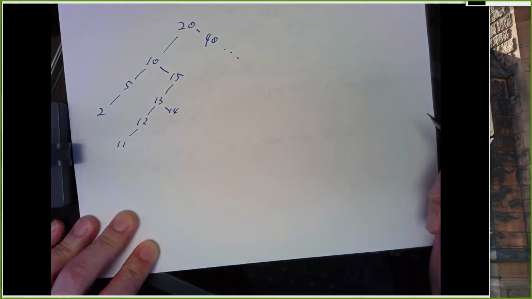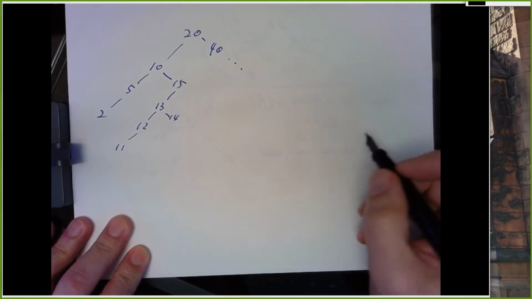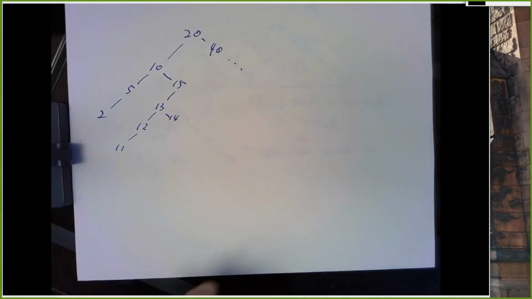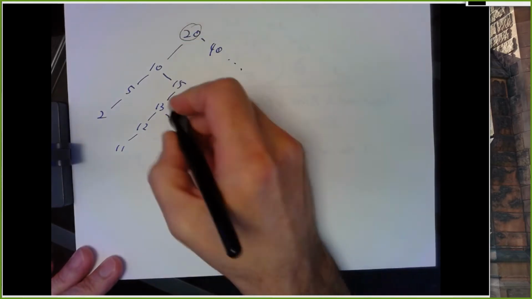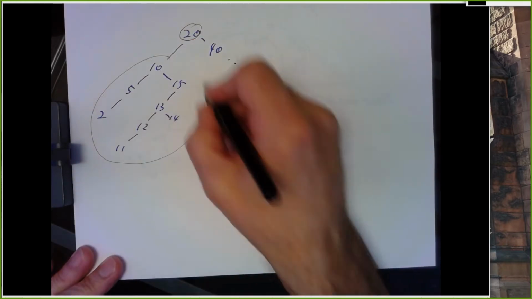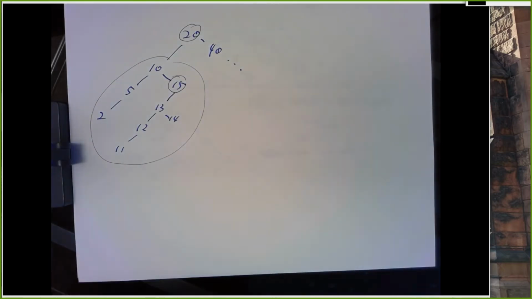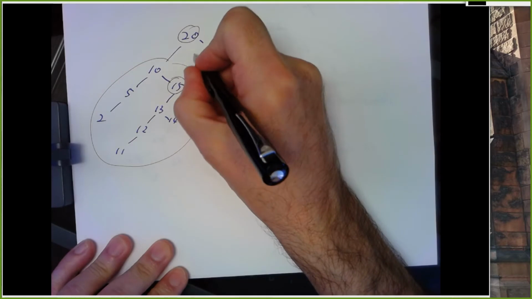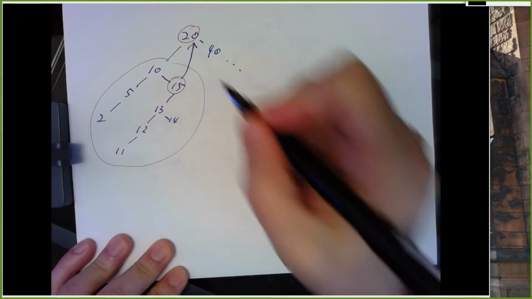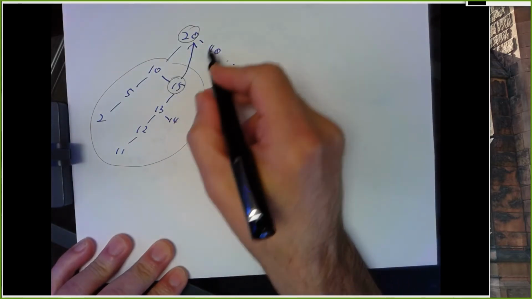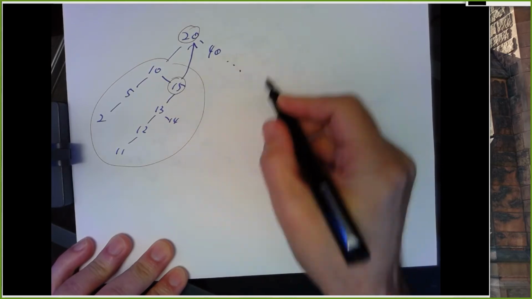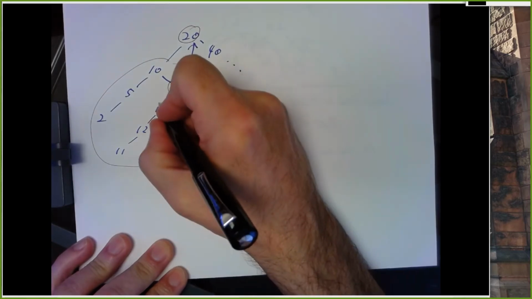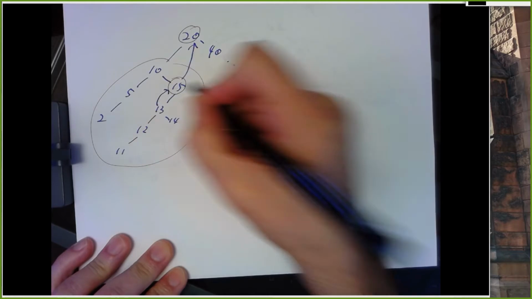Right, so there's an example of a binary search tree. And if we want to delete the 20, we're going to take the largest thing in the left subtree, that's a 15, and we're going to make that the root. So the 15 is going to go up here to become the new root. 15 will adopt all of this on its right, and its left child will simply move up and take its place.